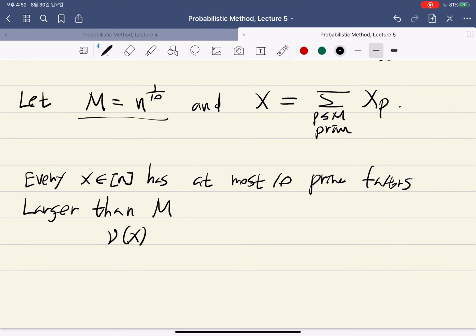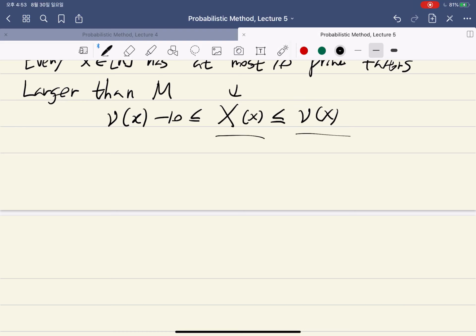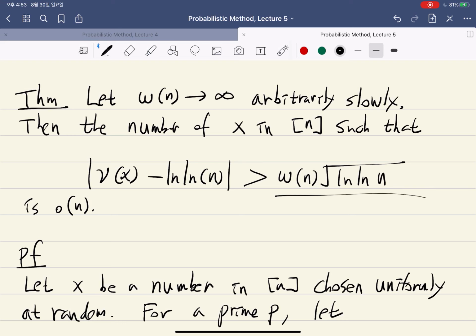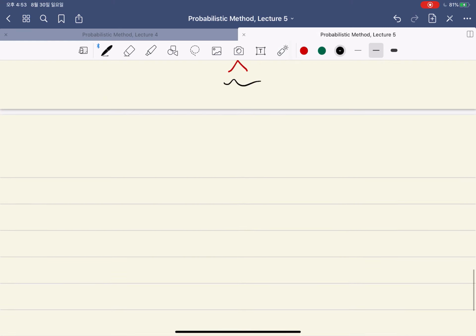Meaning that we want to estimate nu(x), but this random variable X is actually a good estimation of nu(x), because it loses fewer than 10 prime factors from the actual count. So we can focus on estimating X instead of nu. We can now forget nu, because X and nu are pretty close. The difference is at most 10, and 10 is nothing compared to the amount of error that we are willing to take.